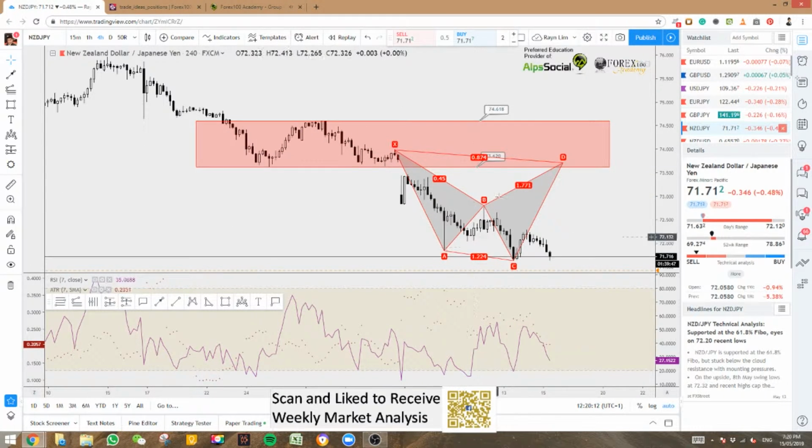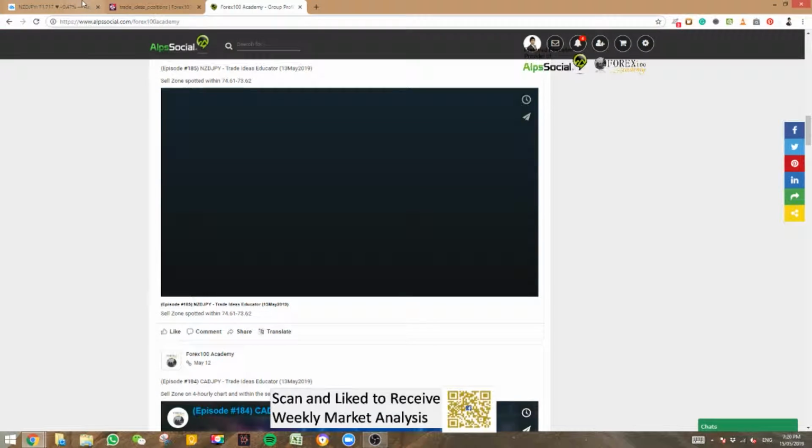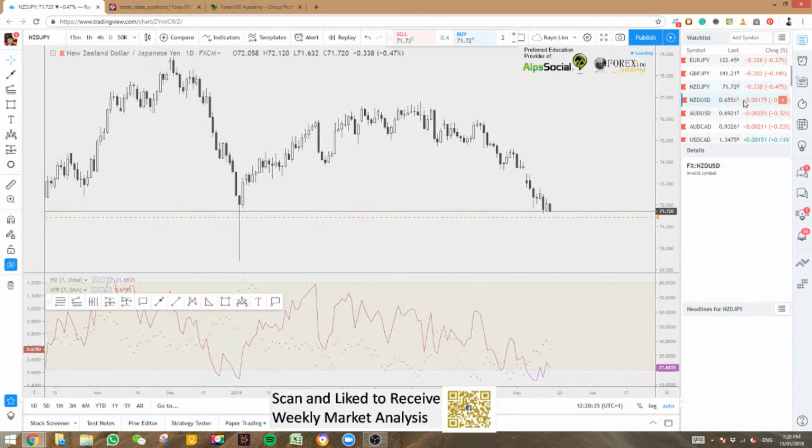There is this bearish shark pattern that may form up at 73.67, so take note for a shorting opportunity. So if you are my subscriber, don't worry, I'll post it in our chat group over here for the next trading opportunity. Alright, so let me head to the next currency pair, New Zealand dollar.